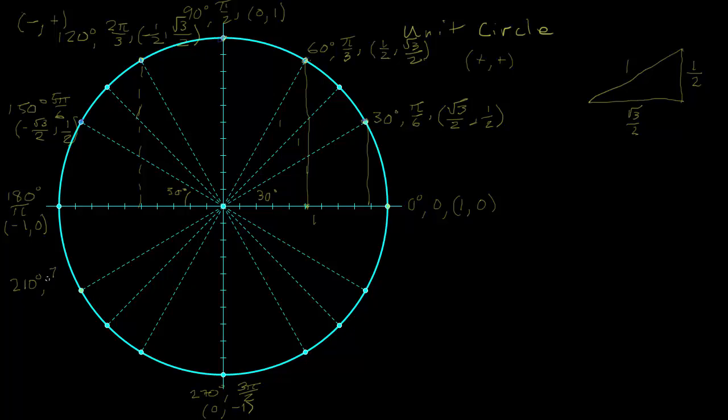This is 7 pi over 6. The coordinates down here are negative. They're both in the third quadrant. Everything is negative, so this is negative √3 over 2, negative 1/2.